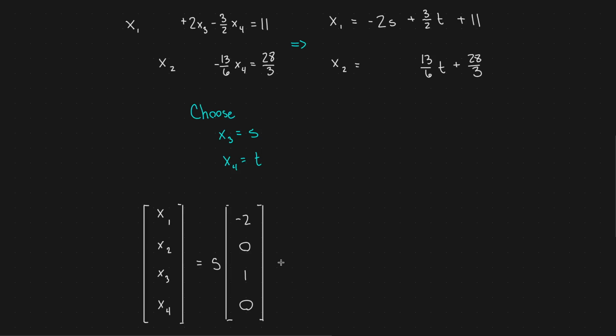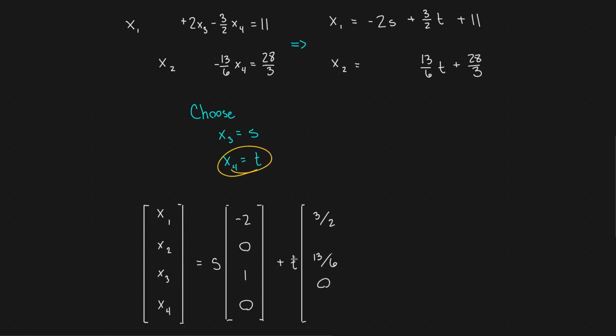Okay? Plus t times the vector of coefficients for t. So for x1, that's 3/2. For x2, that's 13/6. For x3, there are no t's in x3, so that's 0.